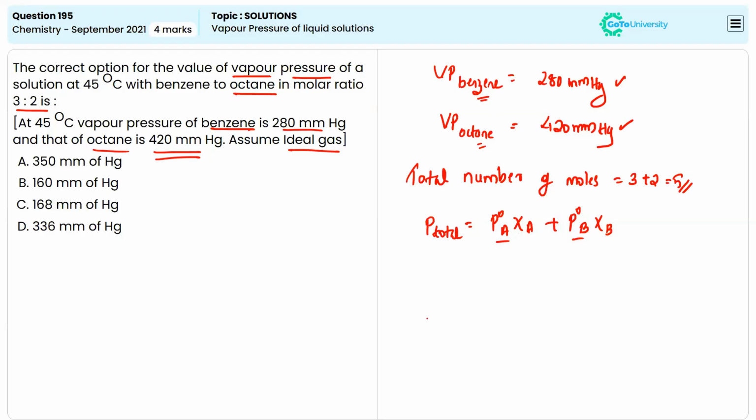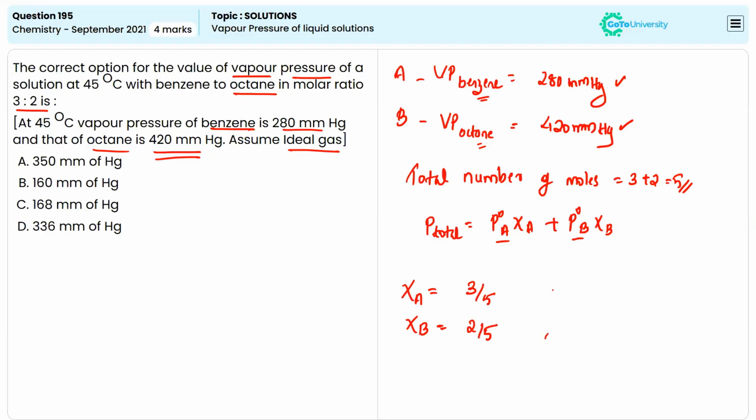So if I am finding out the mole fraction of benzene, that will be 3 divided by 5. And that of another one, that is B, will be 2 divided by 5.